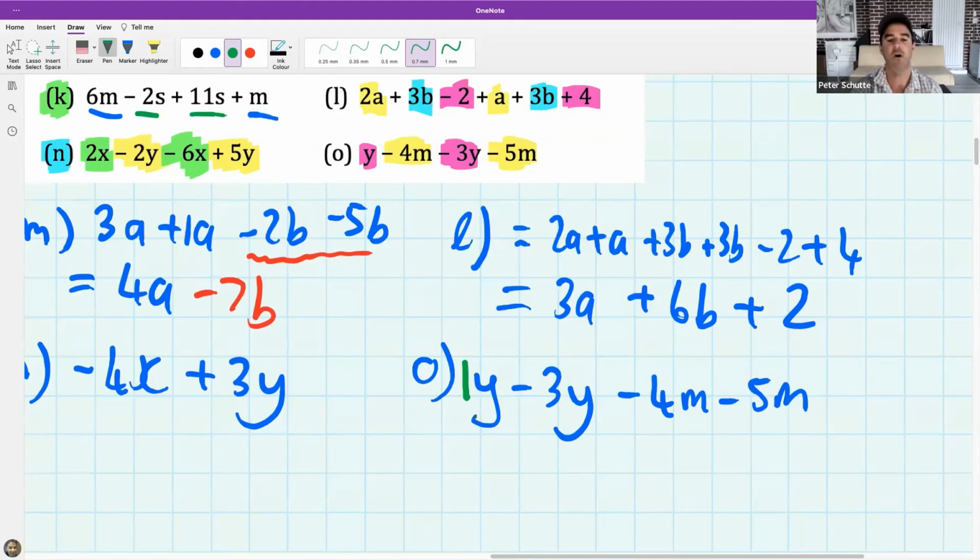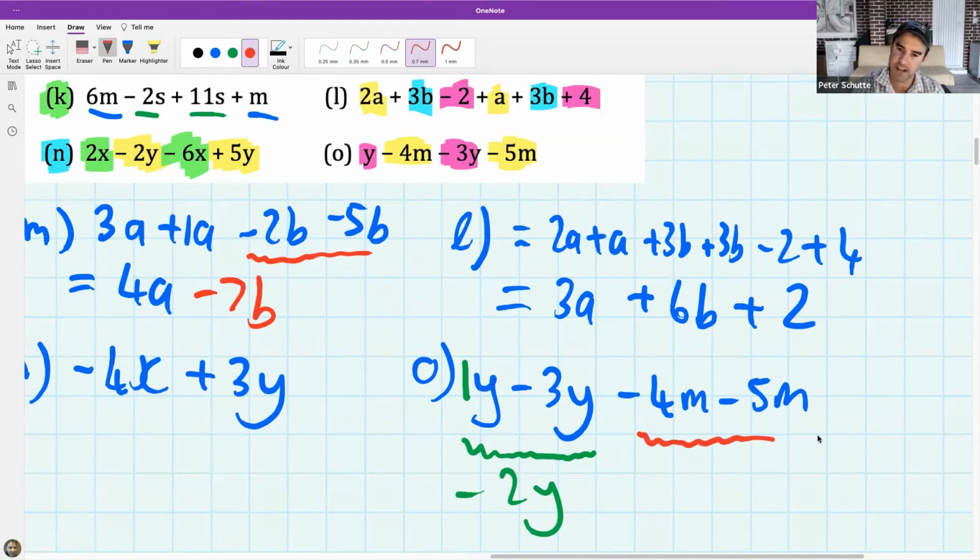Okay, exactly. Now, what I want you to do is I want you to help me simplify these like terms. If you have 1Y and you take away 3Y, what are you going to get? Negative 2Y. Perfect. Absolutely perfect. Okay, now the next one, if you have negative 4M and you take away 5M, what is that going to simplify to? Sir, wouldn't it be negative 9M?